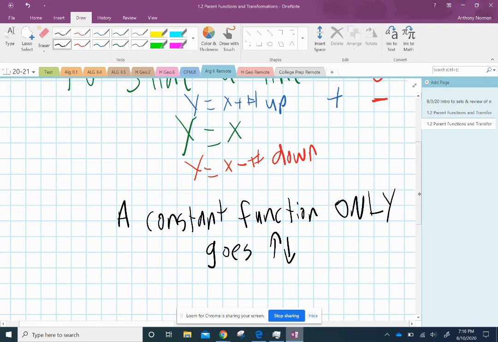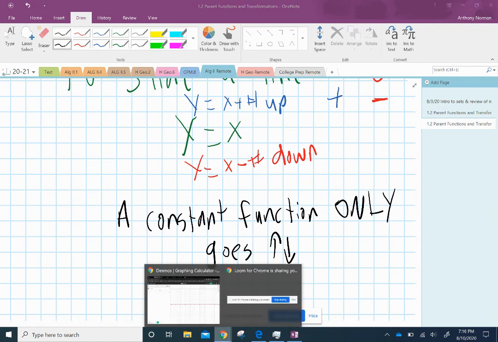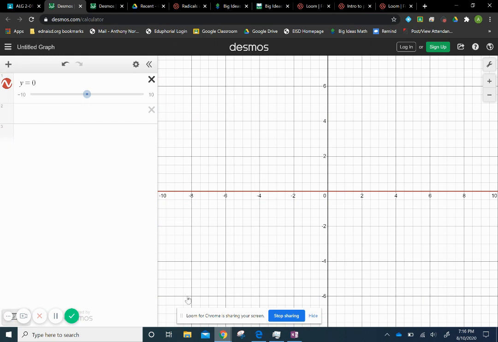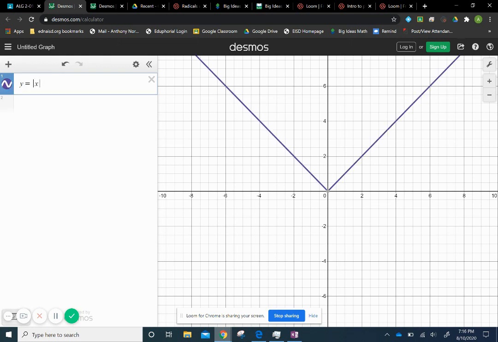So now we'll look at our absolute value function. So how do you think we'll go up and down? Well, let's start with our parent function, y equals absolute value of x. To type the absolute value symbol, you hold down shift and the backslash, and that'll give you a vertical bar. So how do you think we move it down? You're probably correct in your guess.